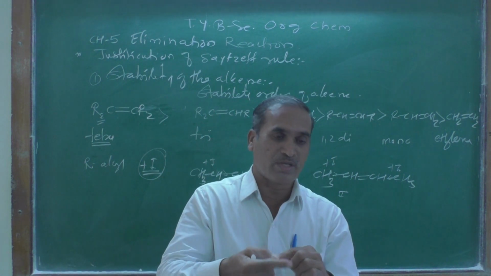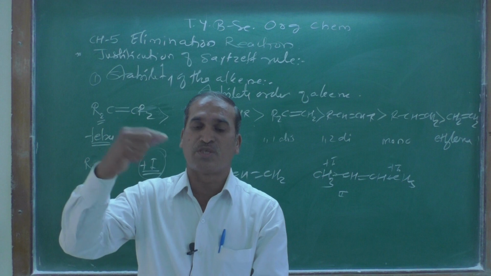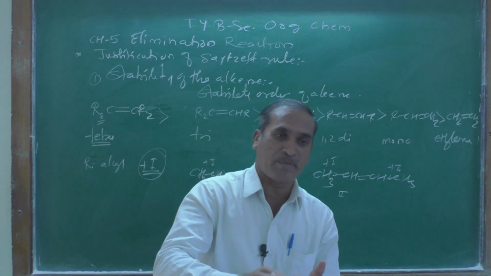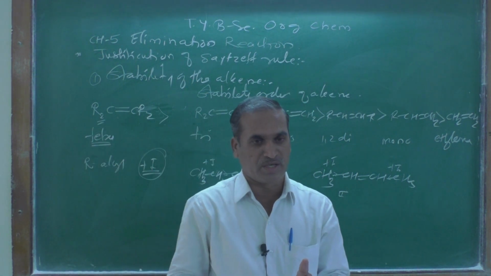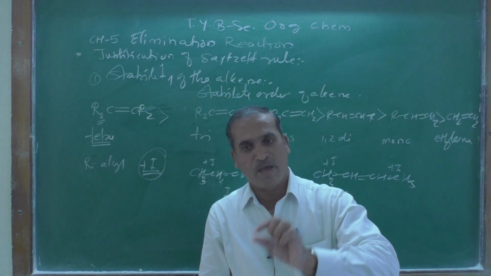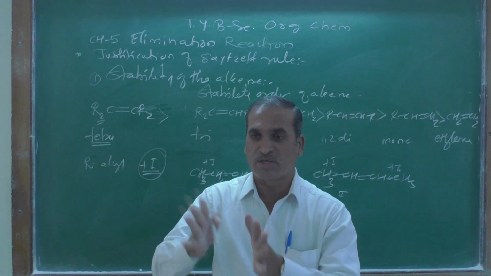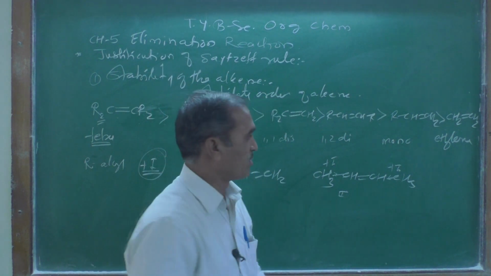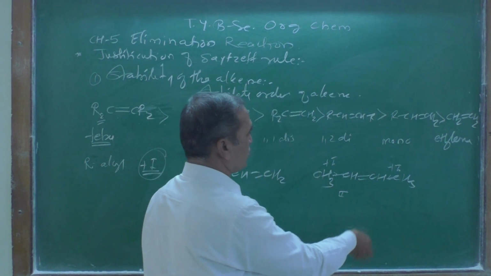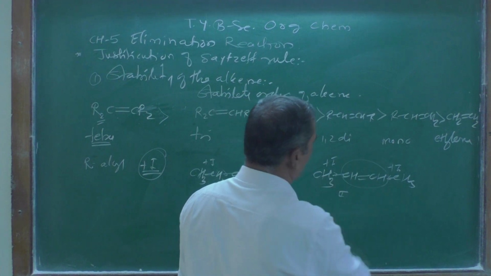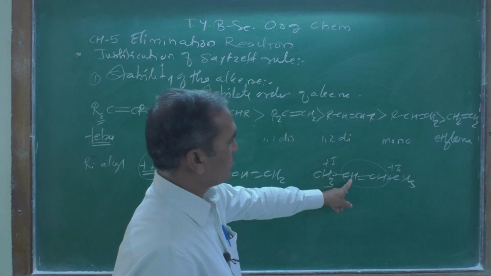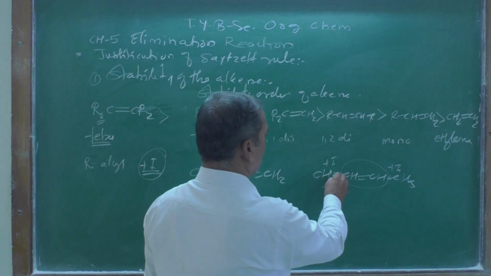And as we know that as the number of resonating structures increases, the stability of that molecule goes on increasing. Same here, as the hyperconjugative structures go on increasing, the stability of that compound goes on increasing. Look at here, how do we recognize the hyperconjugative effect? Look at here, CH double bond CH, one methyl group.